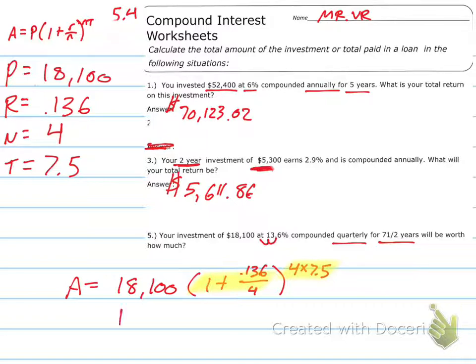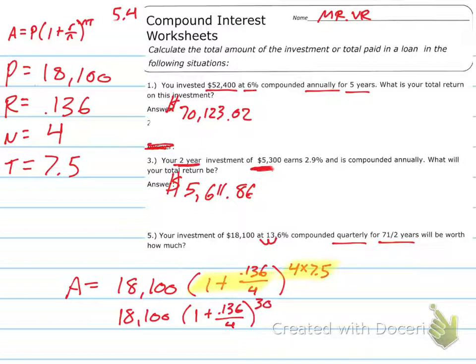So I'm still going to have 18,100. I can't necessarily simplify what's here, but I can do 1 plus 0.136 over 4, and then simplify 4 times 7.5. So I'll just do 4 times 7.5 in my calculator, and I get 30.